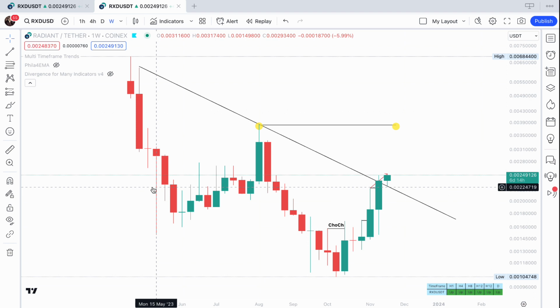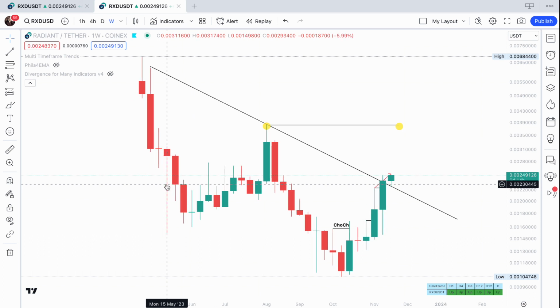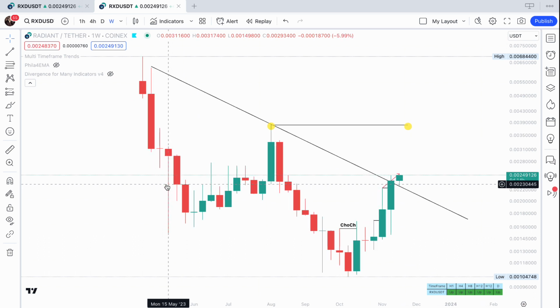So, first of all, when we are talking about micro cap cryptos, meaning not the first 100 or 200 market cap coins, I don't consider them trades at all. They are investments, or if you can call them investments, or position trades.